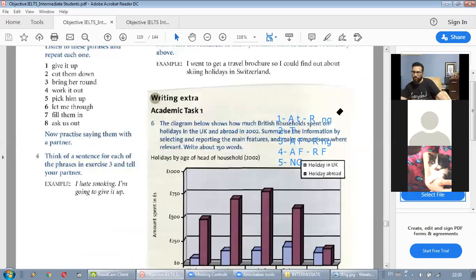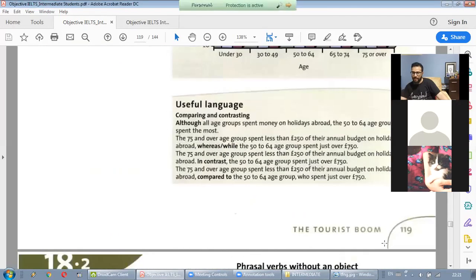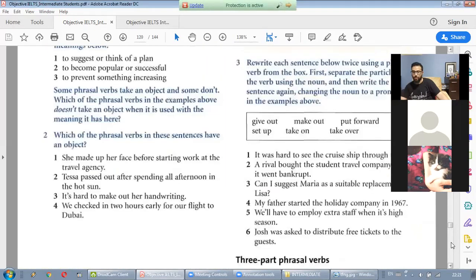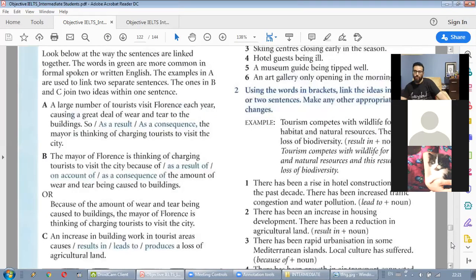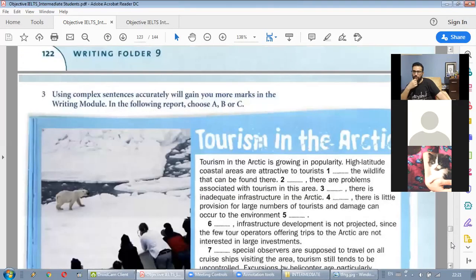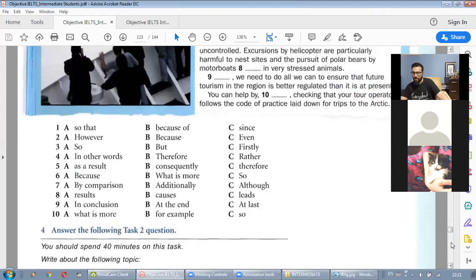If you think we should do more of them in the next lesson, that's fine by me. But if you want to get a chance to do other questions, you will have to do the extra effort on your own, at least tomorrow, because tomorrow you have a day off. This means you need to spend tomorrow doing nothing but true, false, not given questions. This would be my professional advice.